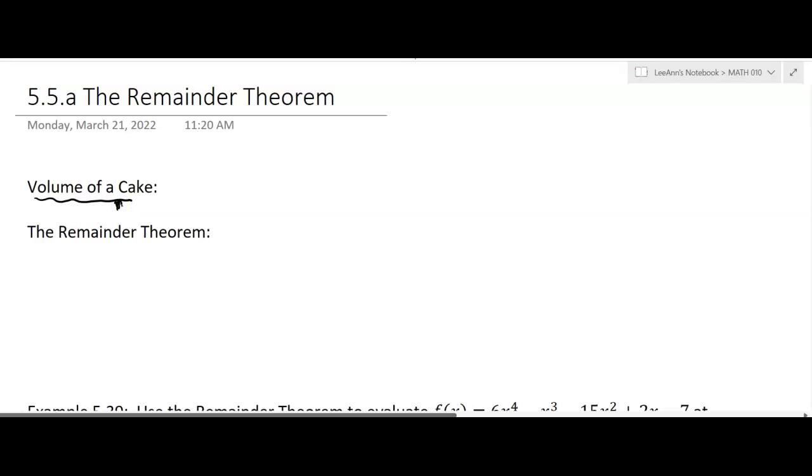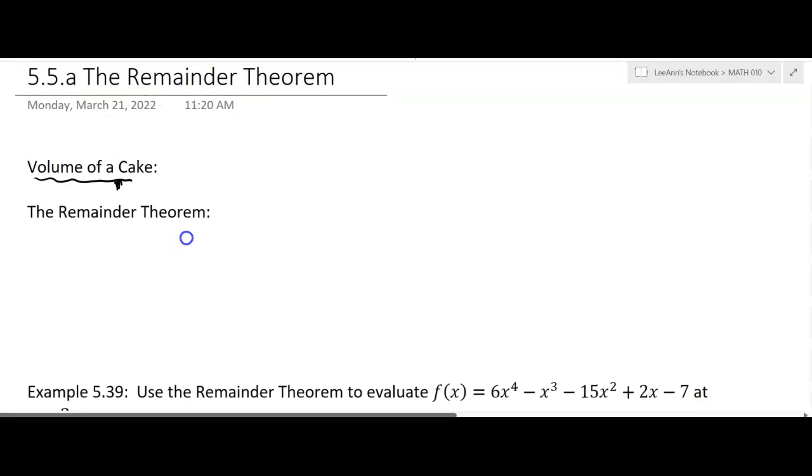Okay, so the remainder theorem. Let's say you have a polynomial, f of x, and you want to evaluate the polynomial at a number, say f of k. The number could be 3 or -4 or something like that.